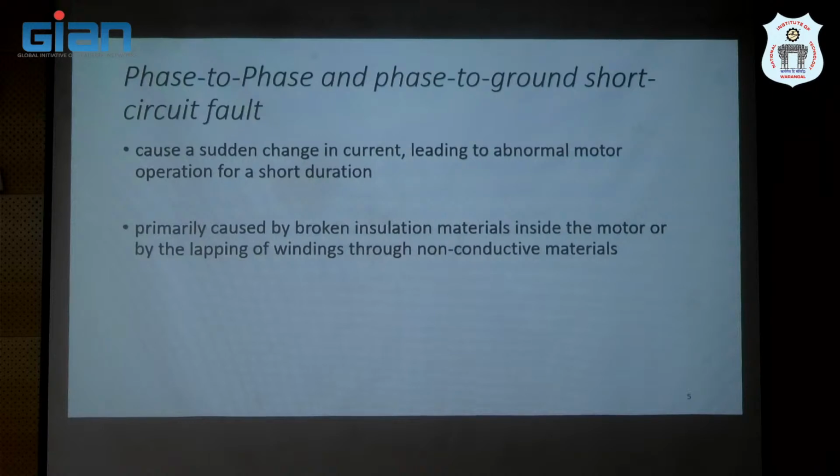Usually this is caused by broken insulation materials inside the motors, or by the lapping of windings through non-conductive materials. Those could be the reasons where this kind of fault happens.